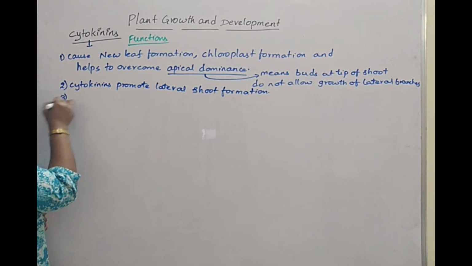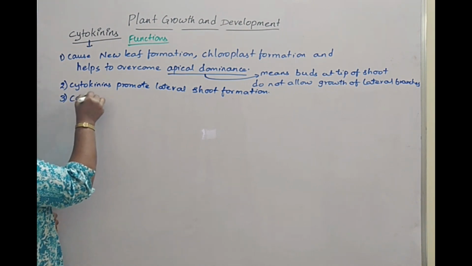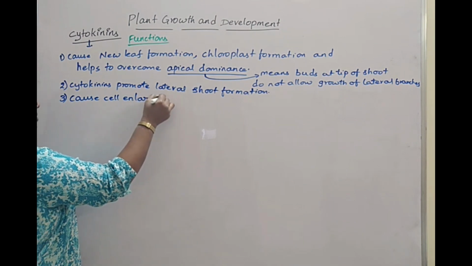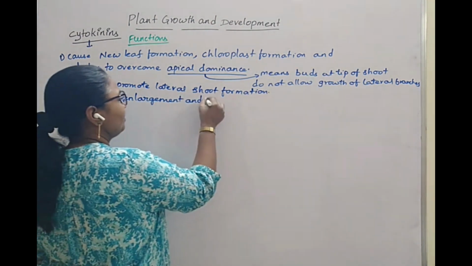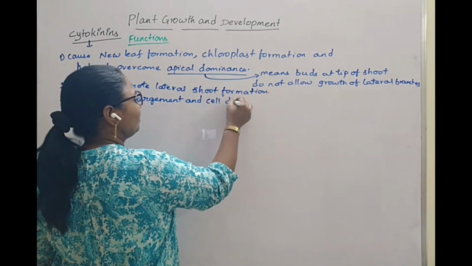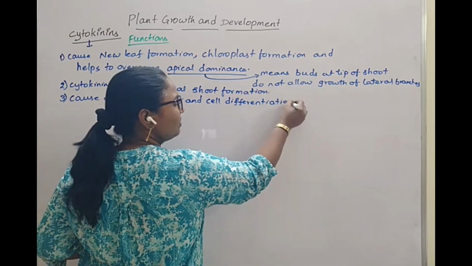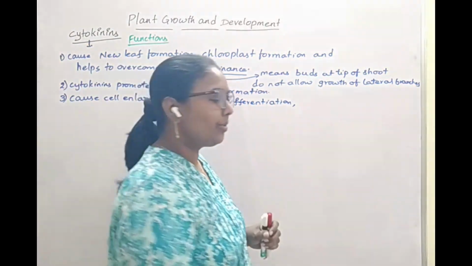Next, cytokinins cause cell enlargement and cell differentiation. Cytokinins also cause adventitious root formation.